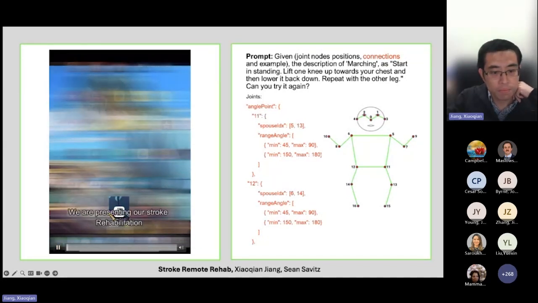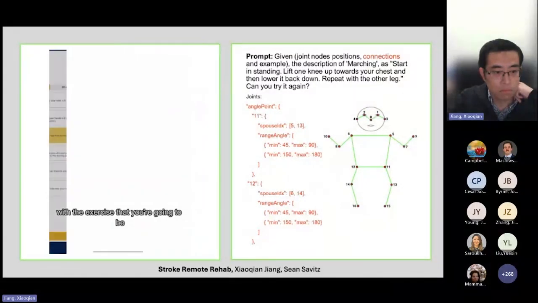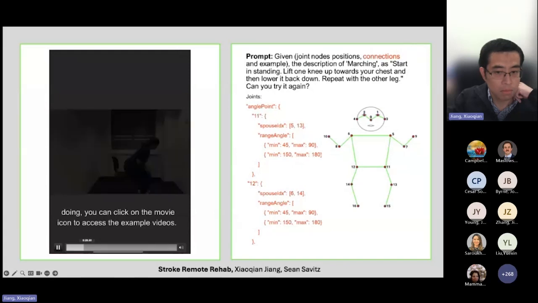Hi everyone. We are presenting our stroke rehabilitation application demo. Currently it works on an iPad and will help track movement performance for home exercises. When you open it up, you're brought to the main screen. If you're not familiar with the exercise you're going to be doing, you can click on the arrow to access the example videos.